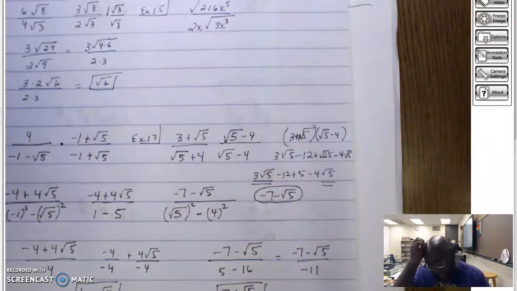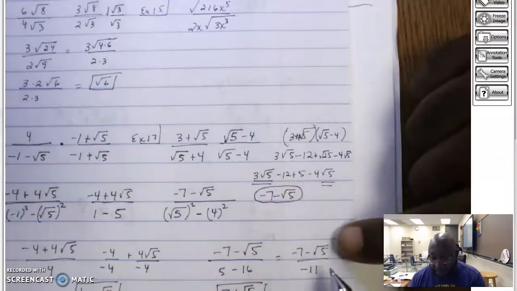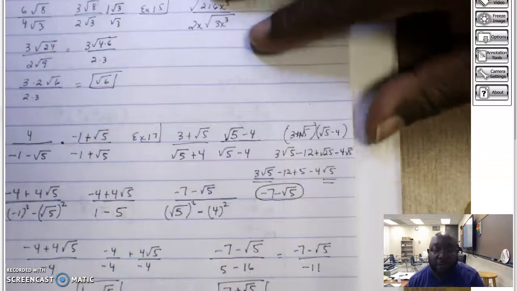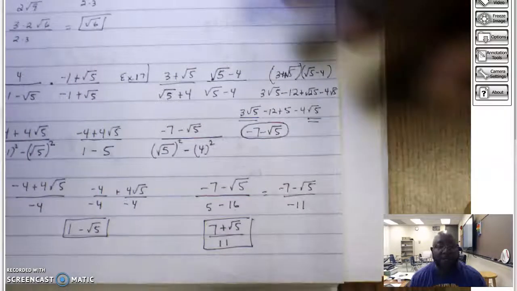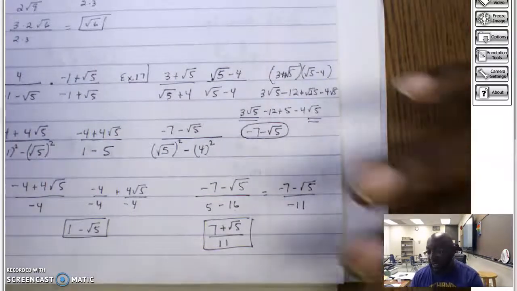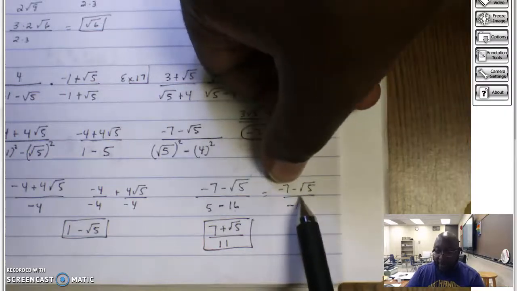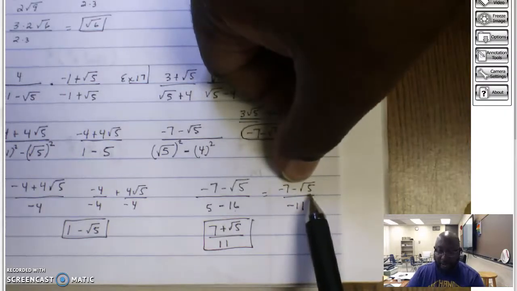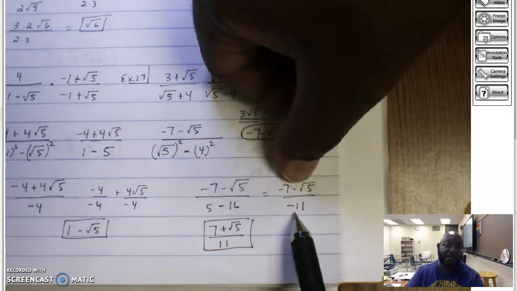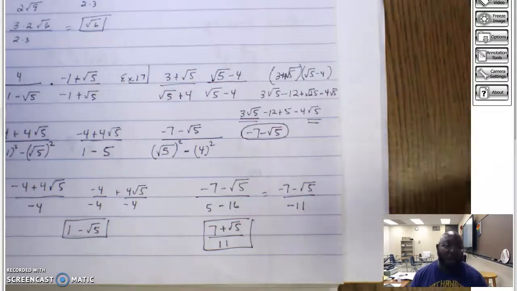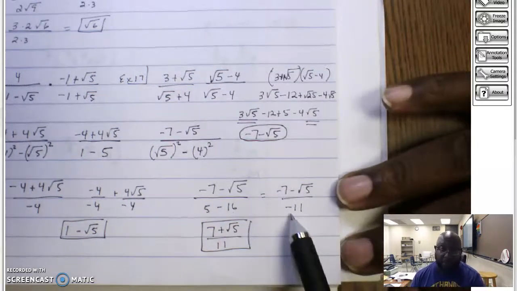Now, if you look at my final answer and you look at this, you're probably saying, Coach, how did you get from this? Well, it's simple. This is -7 minus square root of 5. And then I also notice that my denominator is negative. The only reason why I'm doing this is because I have a negative number in the denominator.